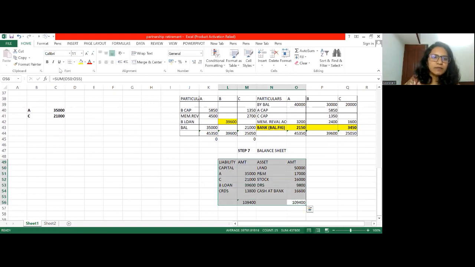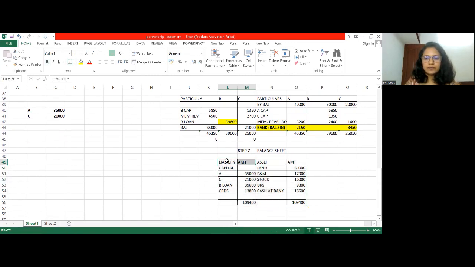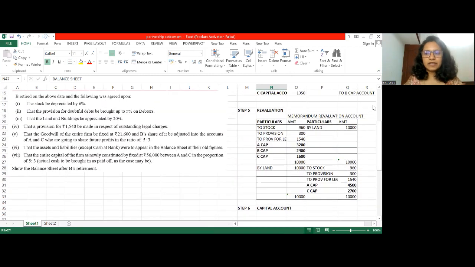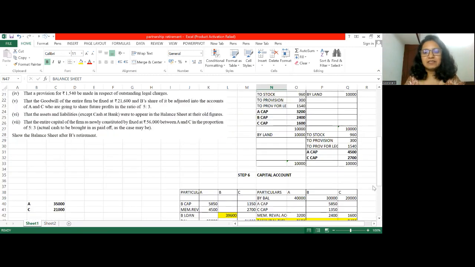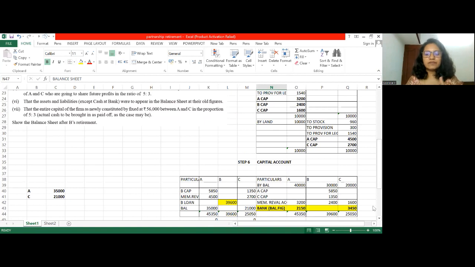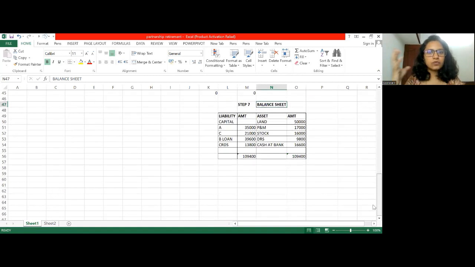So with this, our balance sheet gets tallied. Whenever you are approaching partnership accounting, try to approach it in this manner, step by step, so that you don't miss any steps, you are able to cover all the adjustments given in the question, and your balance sheet tallies in the first attempt itself, because this itself takes about 20 minutes to prepare all the ledgers and then arrive at the balance sheet.